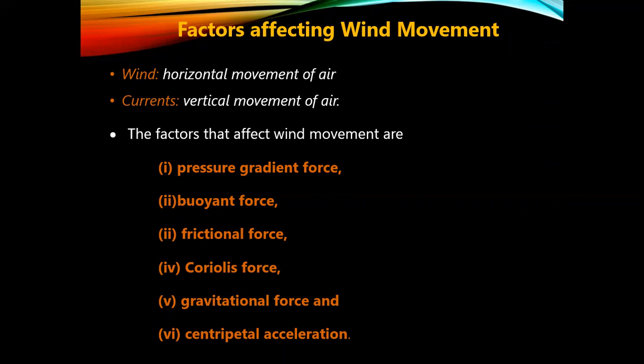Factors affecting wind movement. The wind refers to horizontal movement of air, whereas air current refers to vertical movement of air. Now, here we shall discuss the factors that affect the movement of the wind.